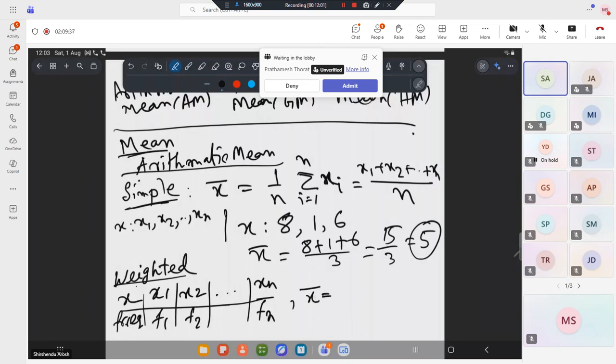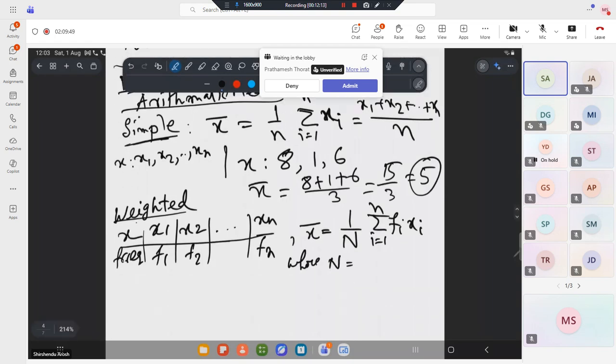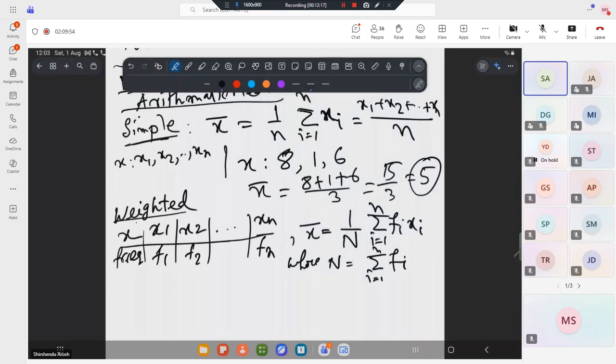The equation looks like this: 1 by capital N times the summation from 1 to small n of fi times xi, where N is nothing but the summation of all the frequencies. So x bar is 1 by capital N, or you can write 1 by the summation of all the frequencies, times the summation from i equals 1 to n of fi multiplied by xi.